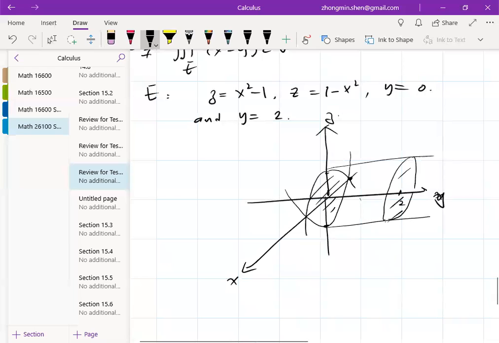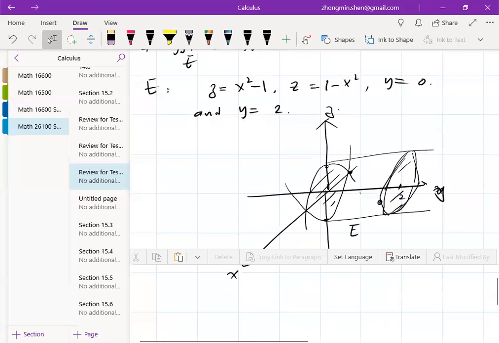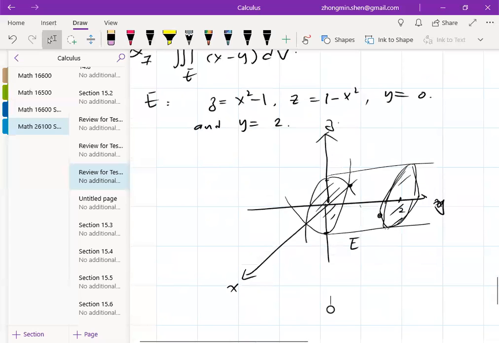All right, so this is the picture. How do we solve this problem? This is the E, and it's not a cylinder, right?